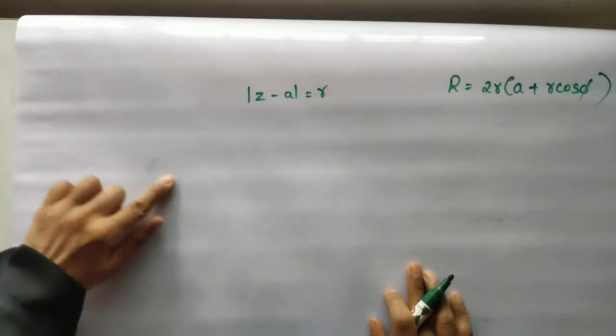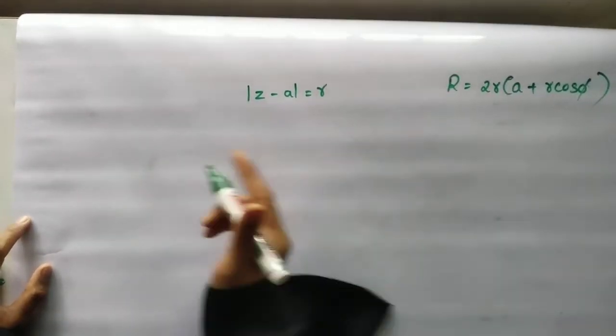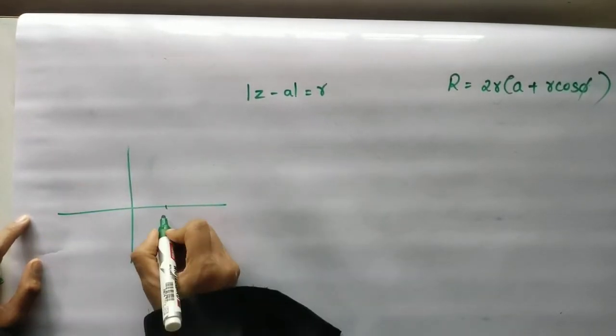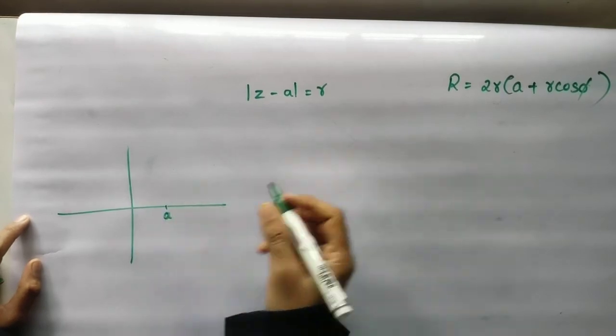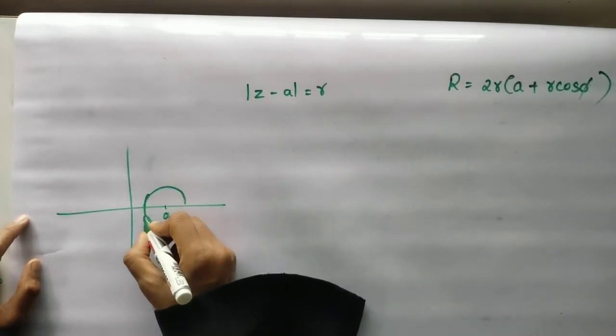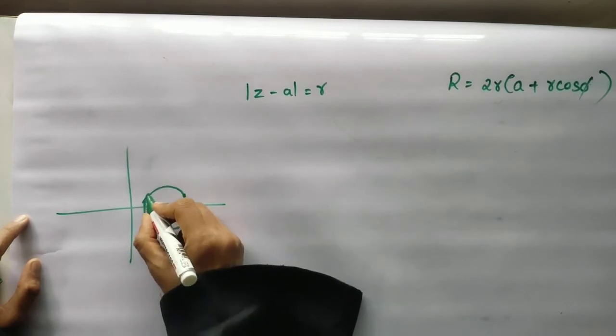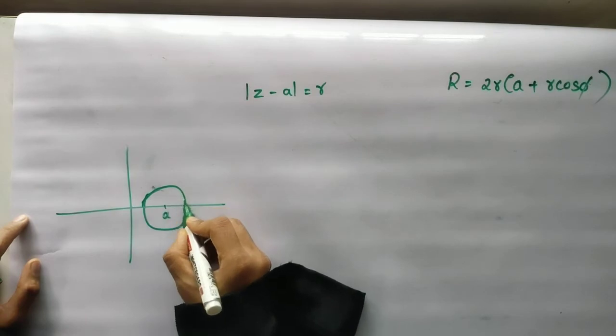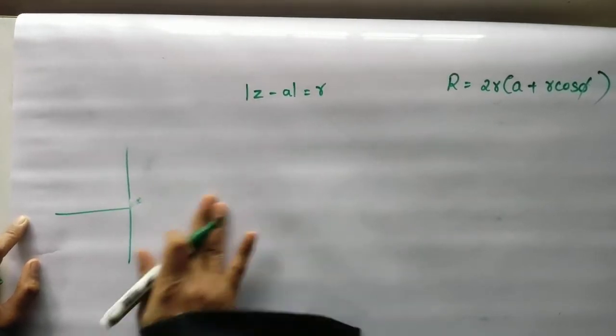Just a graphical representation I'll do. Here in the Z plane we have a circle with center at A and radius R. So let this be the center and let the circle be like this. This is a circle of the Z plane. Let me redraw this properly.